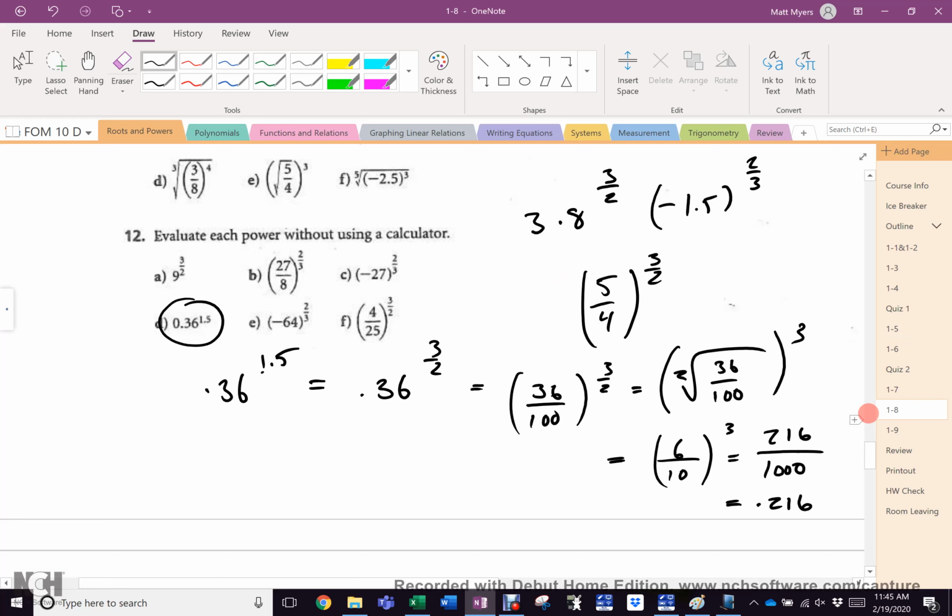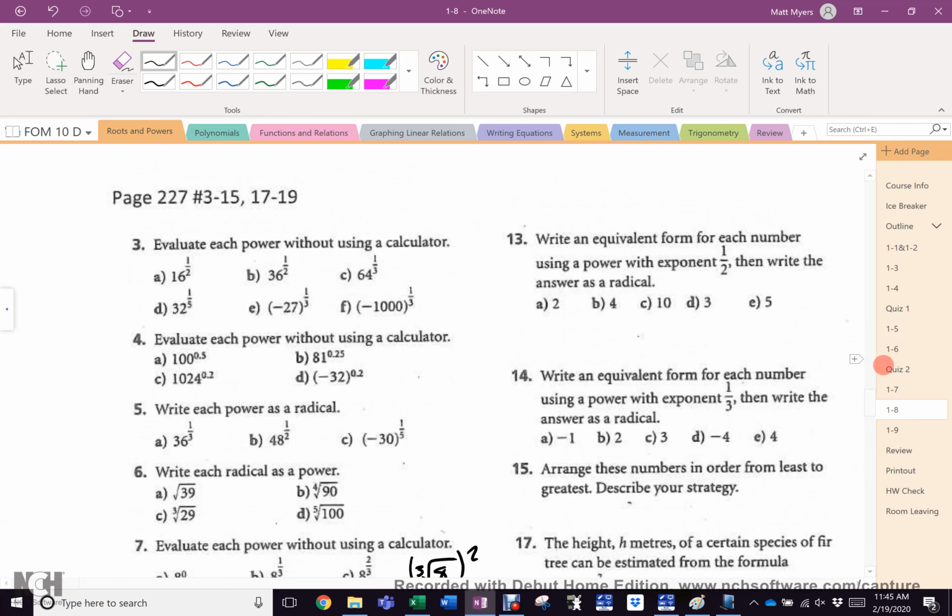Okay, back to 13. I want to write the number 2 with an exponent of 1/2. Well, anything with an exponent of 1/2 is the exact same as the square root of that, yes? So what square root of what would get me 2? So the square root of 4 gets me 2, so it must be 4 to the 1/2. What square root of what gets me 4?